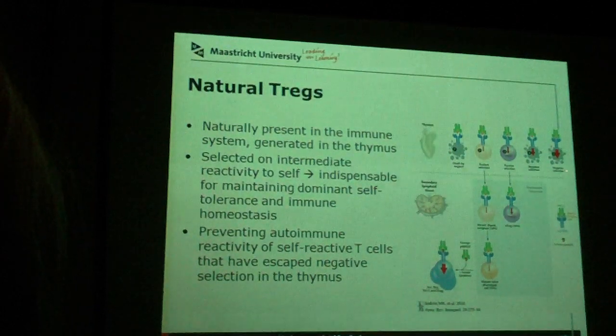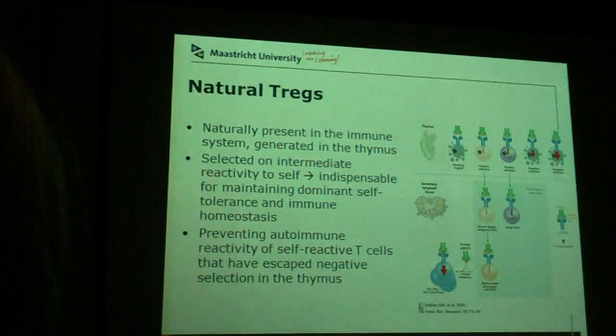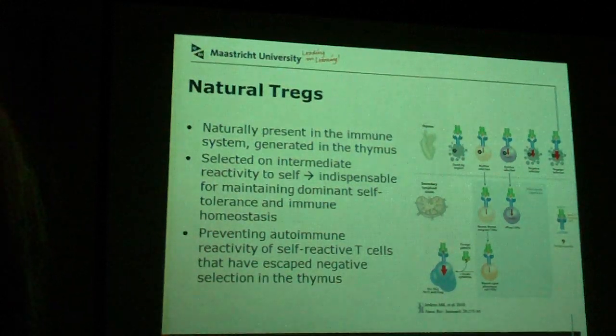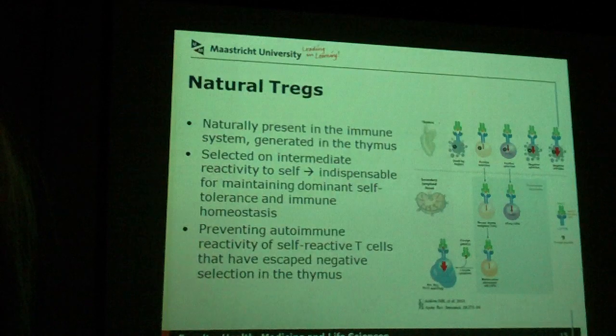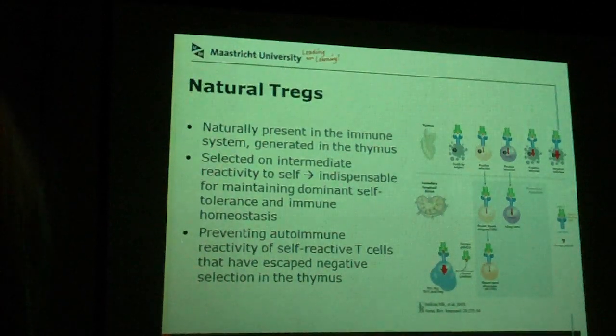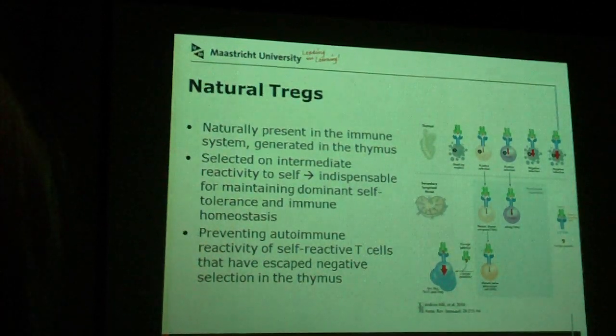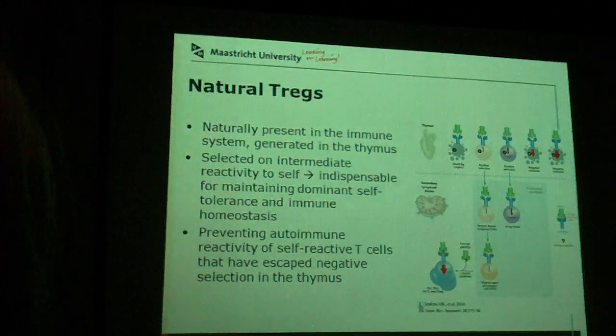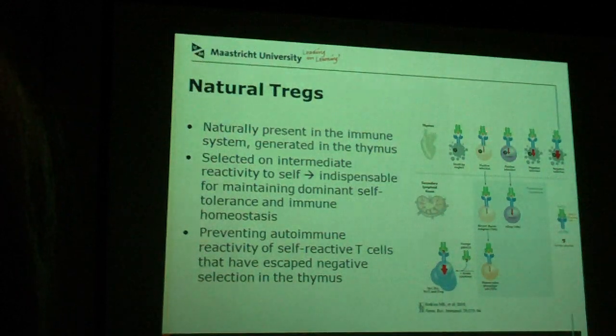If there is too strong an interaction, there is a negative selection because such T cells are really dangerous to have in the periphery. And only cells with low affinity for the MHC antigen will be positively selected.